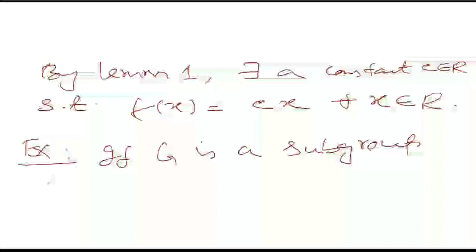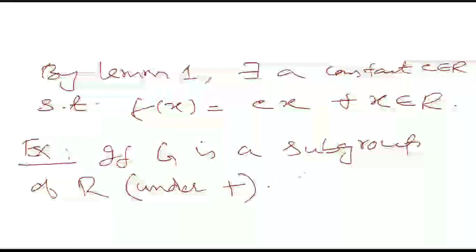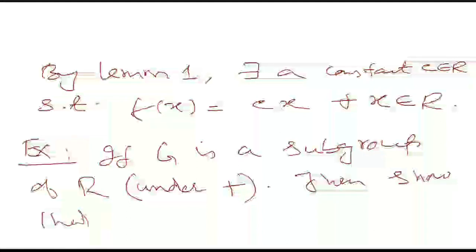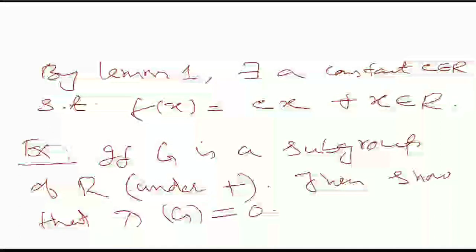If G is a subgroup of the real line R under addition, under multiplication it cannot be a group, so it is under addition actually, under plus sign, then show that the Lebesgue measure of G is equal to 0. The Lebesgue measure of G must be equal to 0.